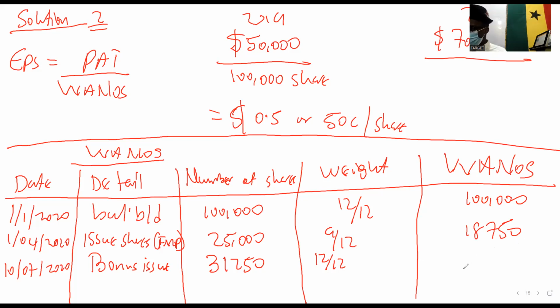It will still be the same. We don't weight bonus, don't waste your time. Bonus shares and opening balances, we don't weight them. You only weight shares that were issued at full market price. That's the only shares that we weight. This is the storyline, and this is what you need in the exams.